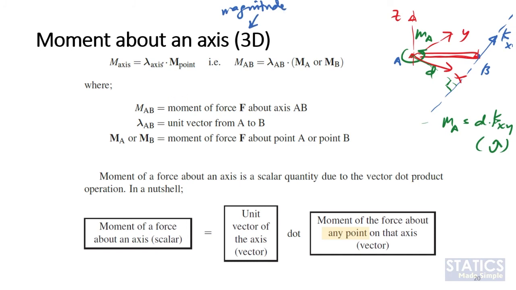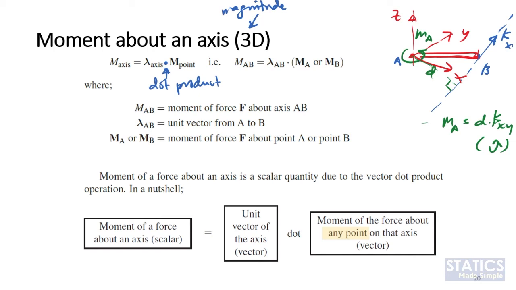Why is that? Because of this. Here we have a dot product. Okay? If you remember from mathematical class, dot product will give you magnitude or scalar. Okay? So what we have here, moment about the axis is equals to a unit vector along the axis, times moment at a point on that axis.